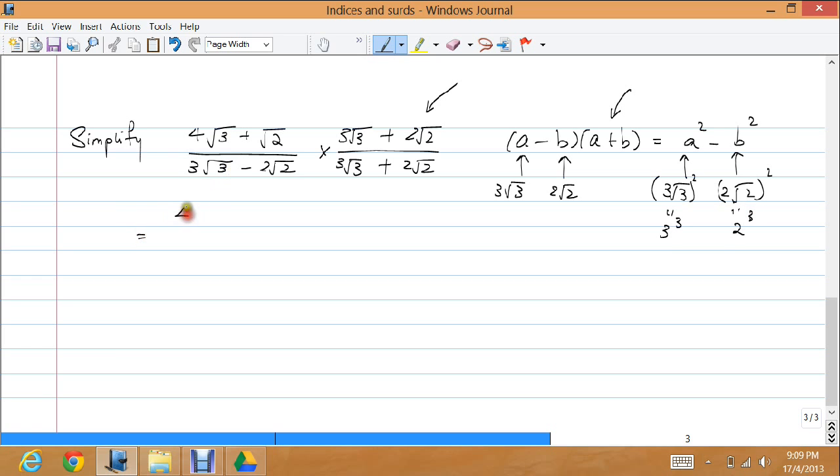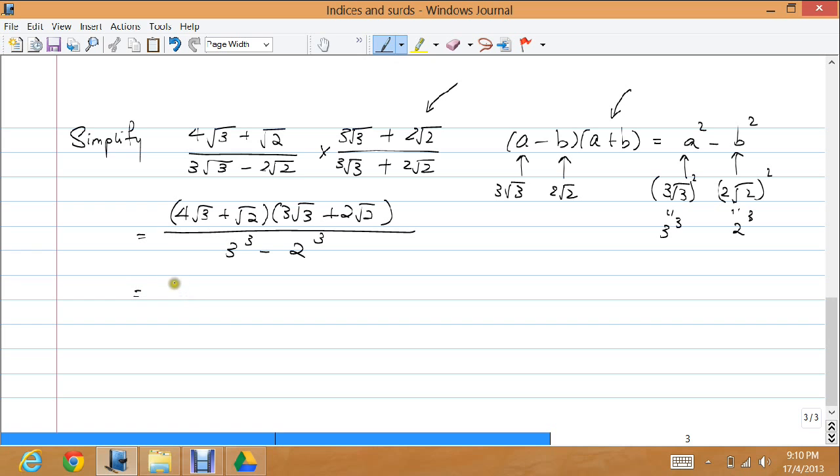So let's work this out. In the numerator, we can't do much at first, so let's just keep it as a product. In the denominator, we get 3 cubed minus 2 cubed. For the numerator, all we can do now is expand things out.